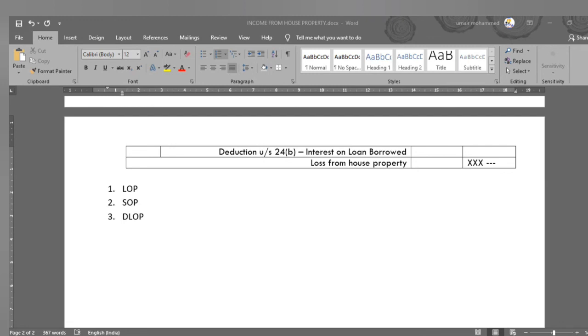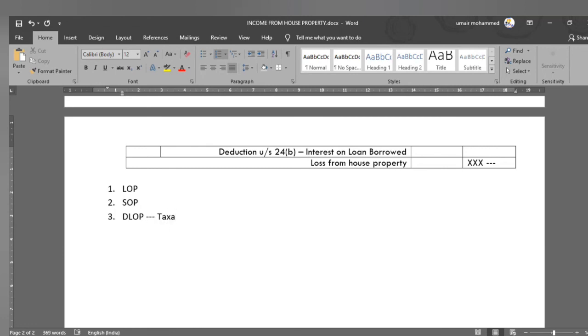If you use more than one, the other property which you are using as self-occupied will be considered as deemed to be let out property, and on this also you have to pay tax.